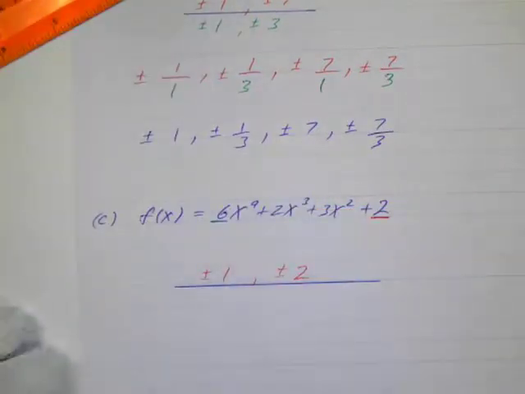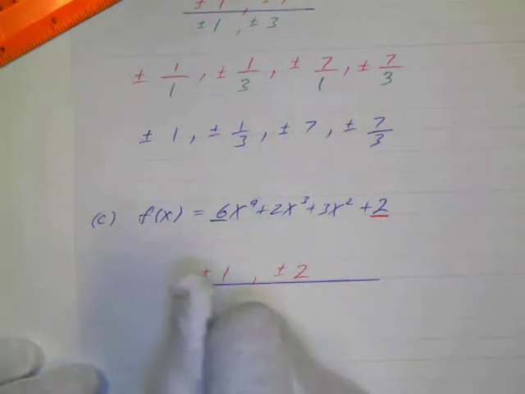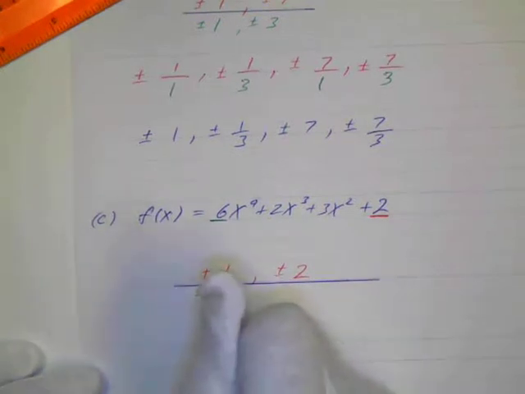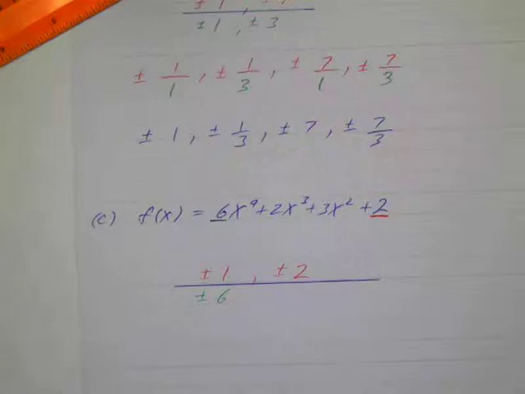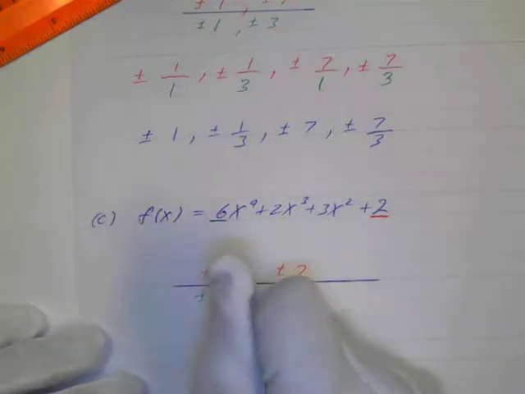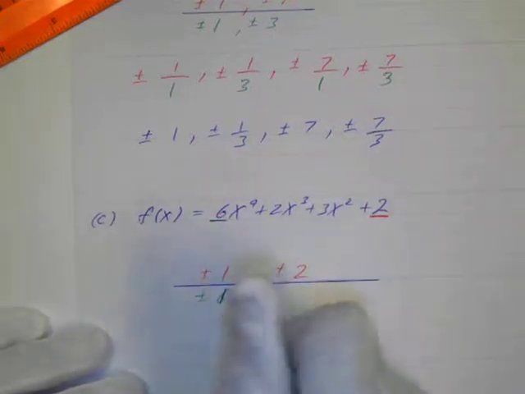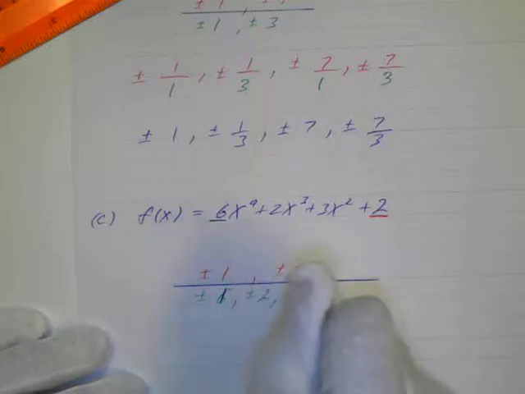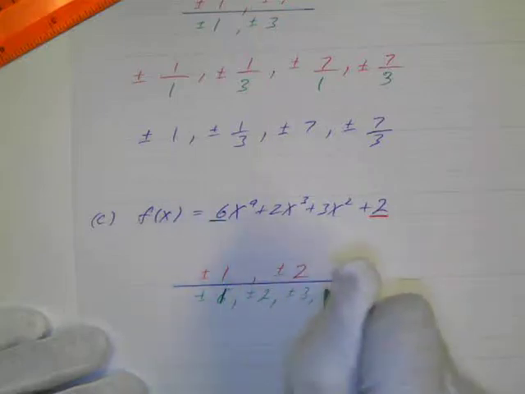Over the factors of the leading coefficient, I got more of these. I've got plus or minus 6. I'm sorry, I should do it in order. Plus or minus 1, plus or minus 2, plus or minus 3, and plus or minus 6.